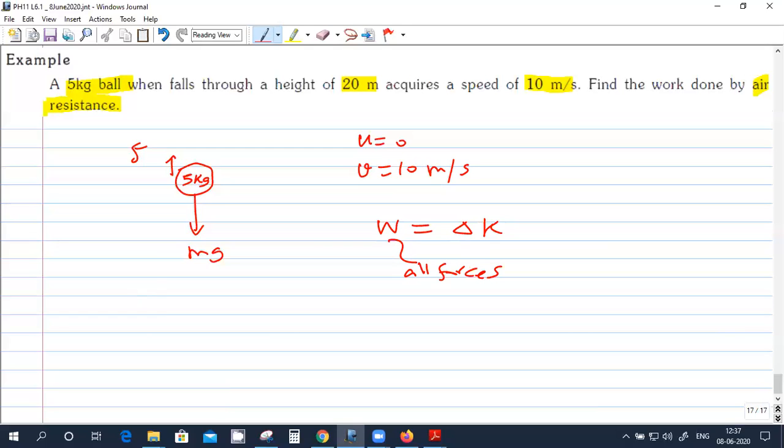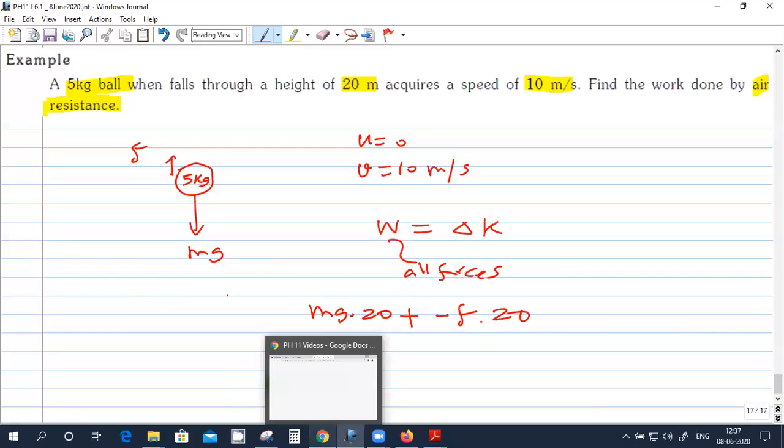So work done by mg is mg into the displacement, and work done by the friction force is F into 20 but with a minus sign because the direction is opposite. It's just force into displacement, right? It's a uniform force.